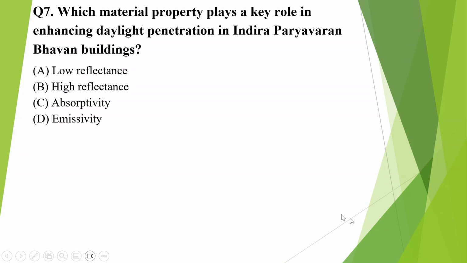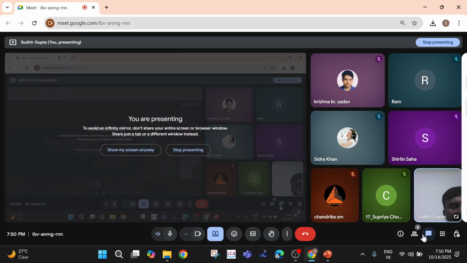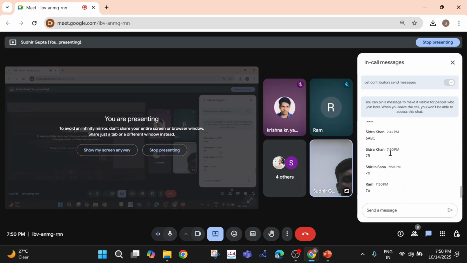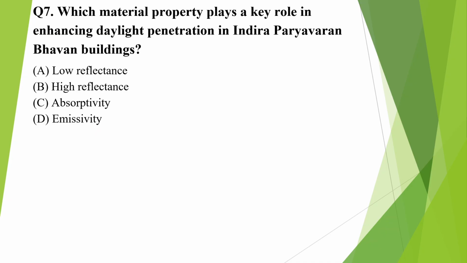So most of you have already answered, I feel, and others who have not answered either don't know the answer, or are waiting for the discussion to happen. So let me inform you all that option B has been marked by most of you, and this is the correct answer.